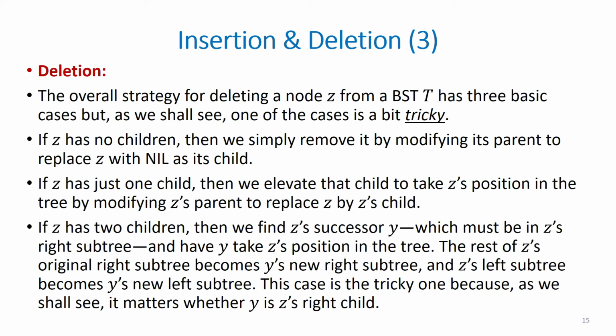We then move y to take z's position in the tree. The rest of z's original right subtree becomes y's new right subtree, and z's left subtree becomes y's new left subtree. This case is tricky because it really matters whether y is z's right child or not. Let's look at this in more detail.